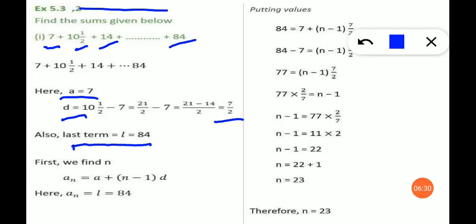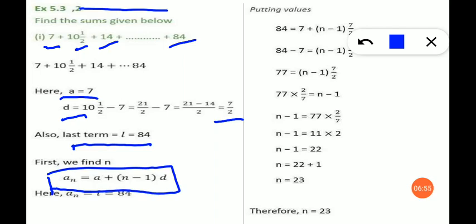But as we know, in the formula of Sn we need n also. Without n we cannot find the sum of the terms. So first of all, we will apply the formula an = a + (n - 1)d to find out the value of n.